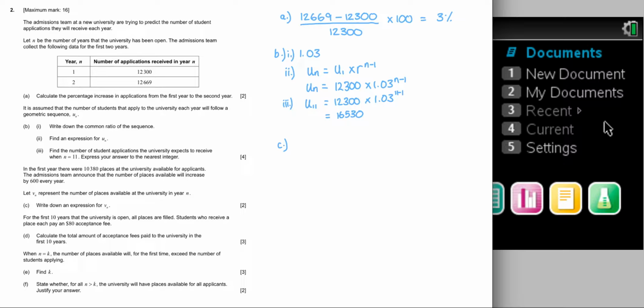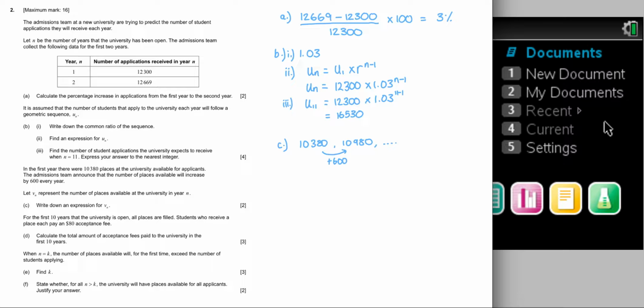So the first term is 10,380, and then we're going to add 600 to that. So the next term is 10,980, and so on. So we're adding 600 to each term. So that tells us that it's an arithmetic sequence.